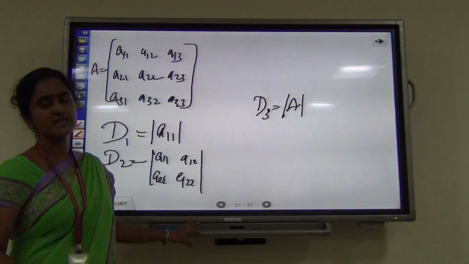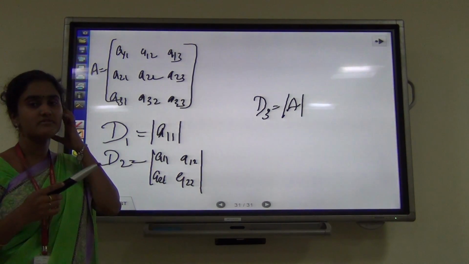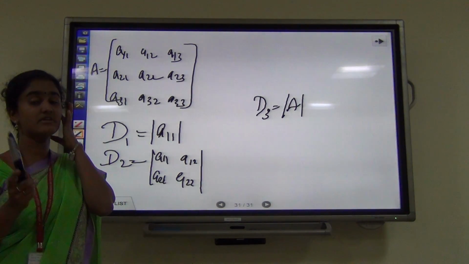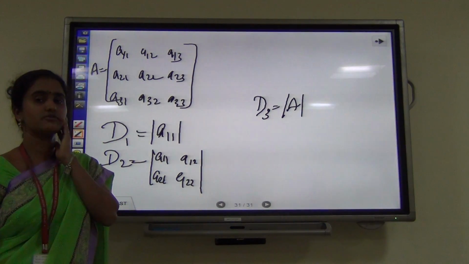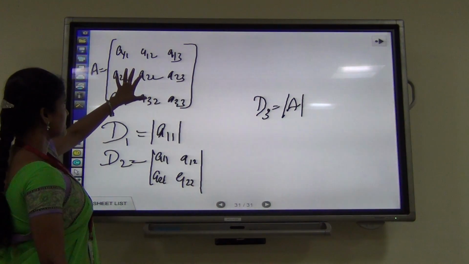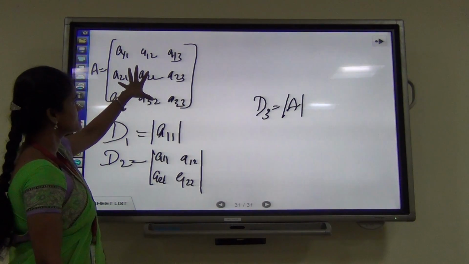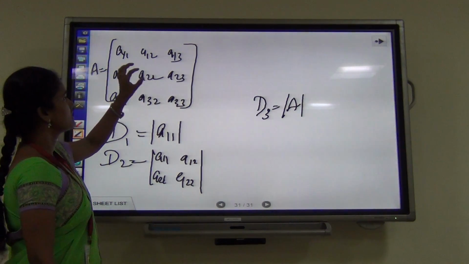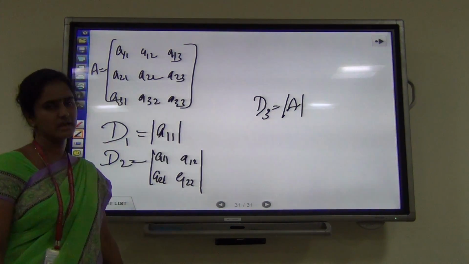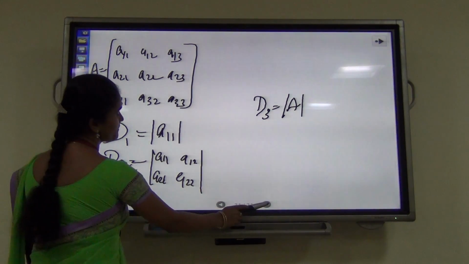Now this is the other method, where with all the values of D1, D2, D3, we can also define the nature of the quadratic form. As the quadratic form will be transformed into a matrix, you will get a matrix of this type. Now with this D1, D2, D3, we can define the nature of the quadratic form.